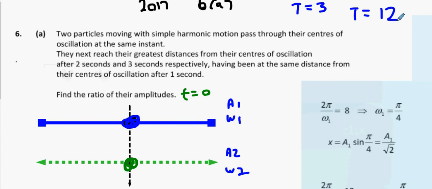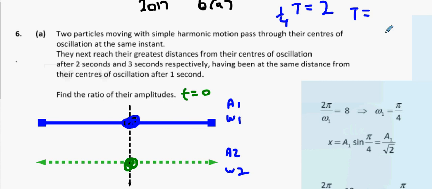Oh sorry, stickler for order. 2's the first one. So it's 1/4 T is 2. So what's T? Remember I said 2 seconds, 2 seconds, 2 seconds, 2 seconds.